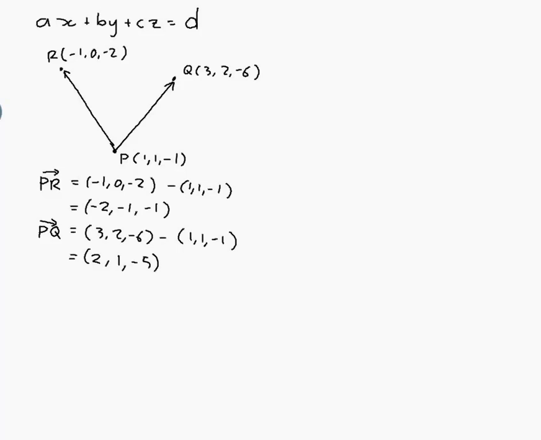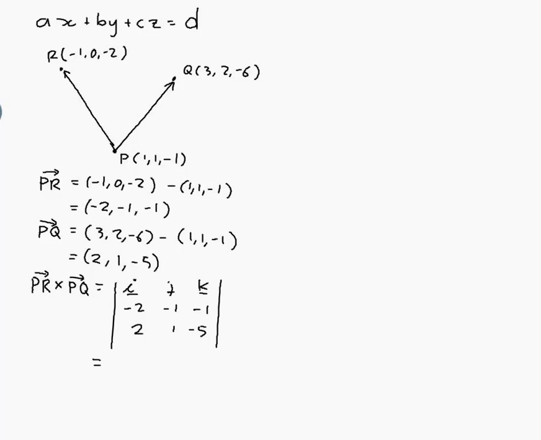And then their cross product, PR cross PQ, would be equal to the determinant with i, j, k, and PR is (-2, -1, -1), and PQ is (2, 1, -5).